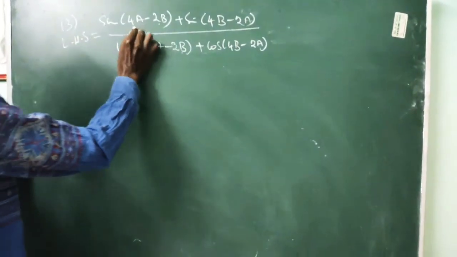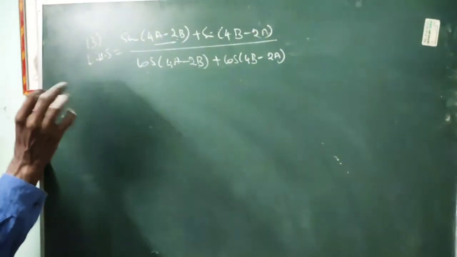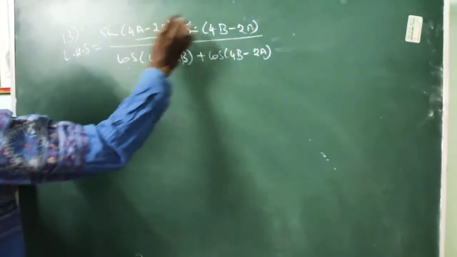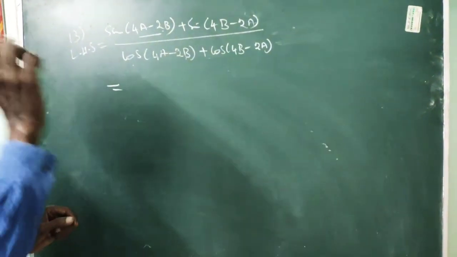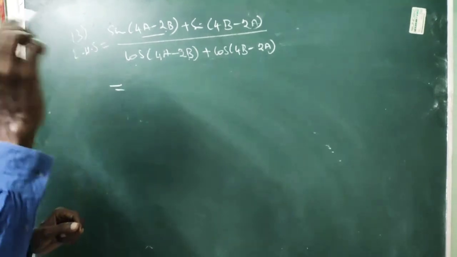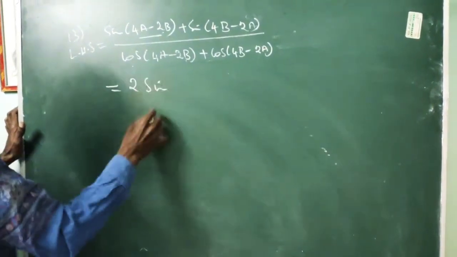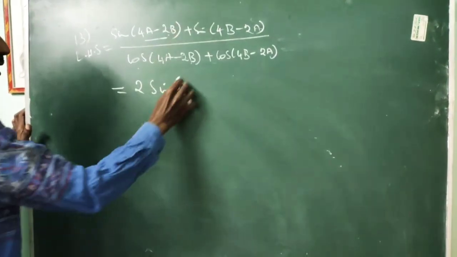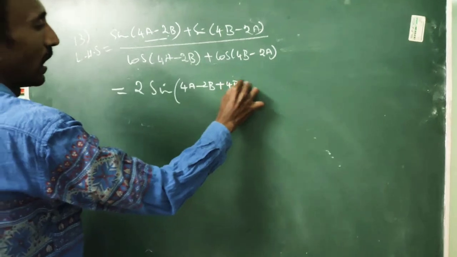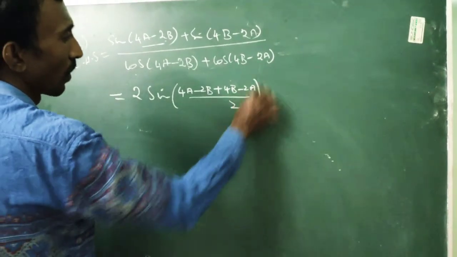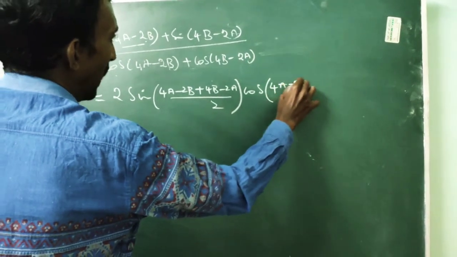Take this one as C and that 4b minus 2a as D. It is of the form sin C plus sin D. Sin C plus sin D is 2 sin of (C plus D) by 2 into cos of (C minus D) by 2. So 2 sin, it is C and that is D, so (C plus D) by 2, into cos (C minus D) by 2.